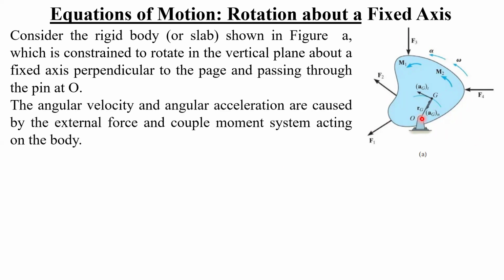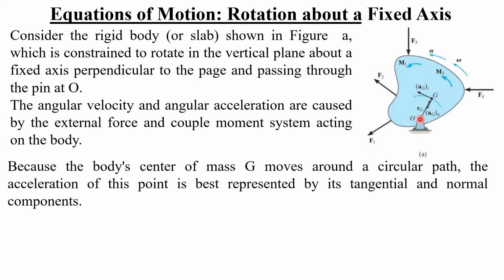The angular velocity and the angular acceleration are caused by the external force and coupled moments acting on the body. So the external force F, and these are the coupled moments acting on the body, which are producing the angular velocity and angular acceleration.